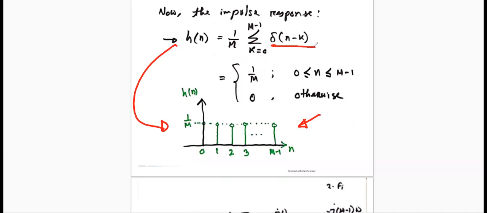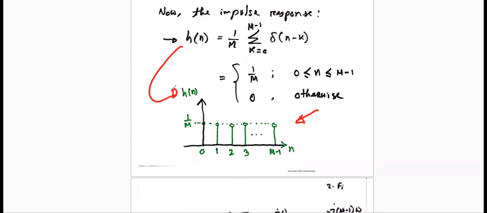What is the value of the delta function? 1 multiplied with 1 by m. So all the way you have 1 by m, 1 by m, that kind of stem up to m minus 1. So how many samples do you have? You have a total of m samples. So that is the time domain sequence, how it looks from this mathematical expression.